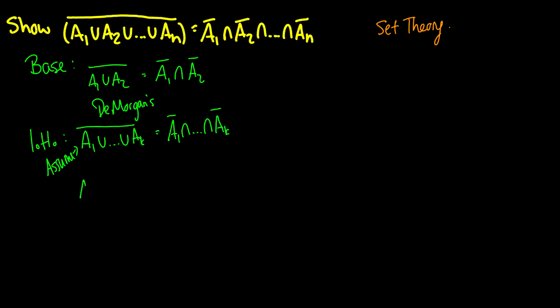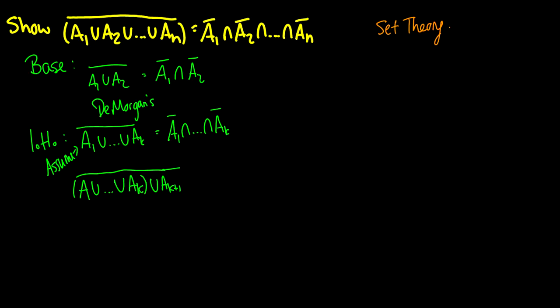So what we do is we say, okay, let's do what we did before and get this whole complement. But let's bracket the first part. And then we'll put in this union for A sub k plus 1. Okay, well, let's just do De Morgan's here, just like we did in the first part.